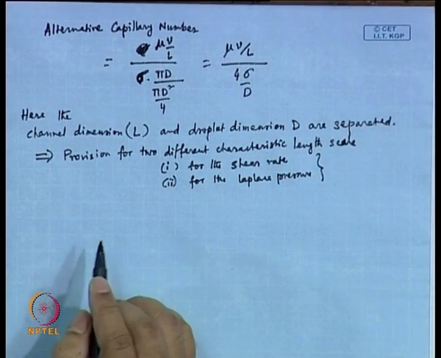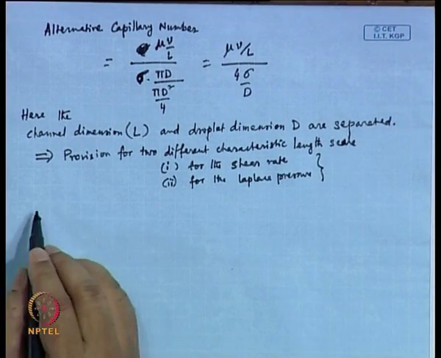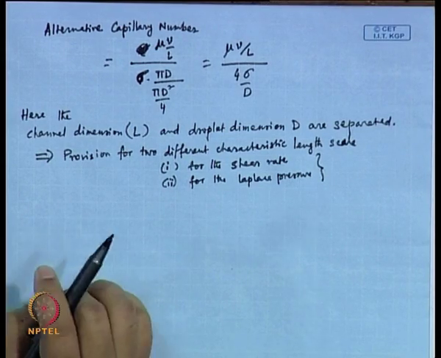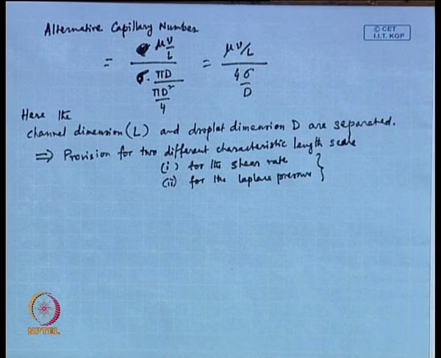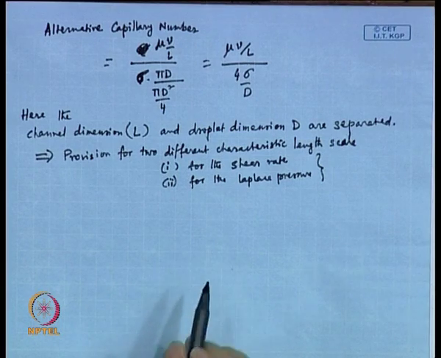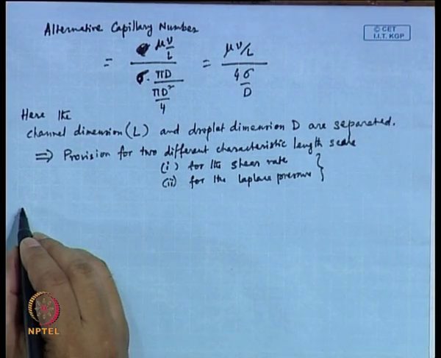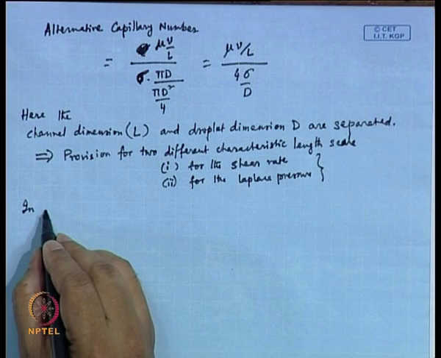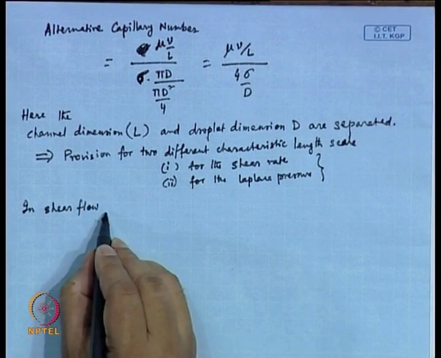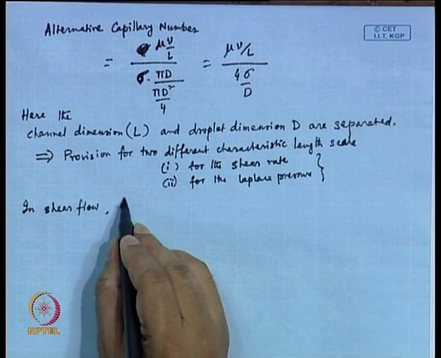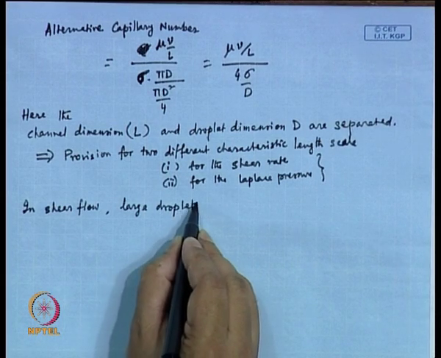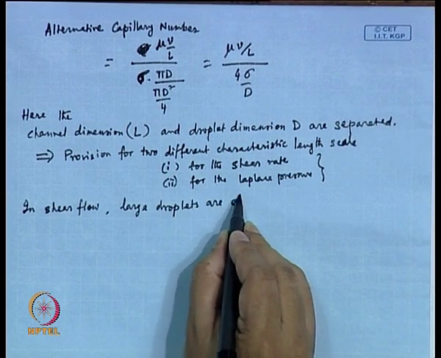Now, there are a couple of things you need to appreciate here with regard to capillary number. Before we proceed to the next dimensionless number, we must point out that in shear flow, large droplets are elongated.